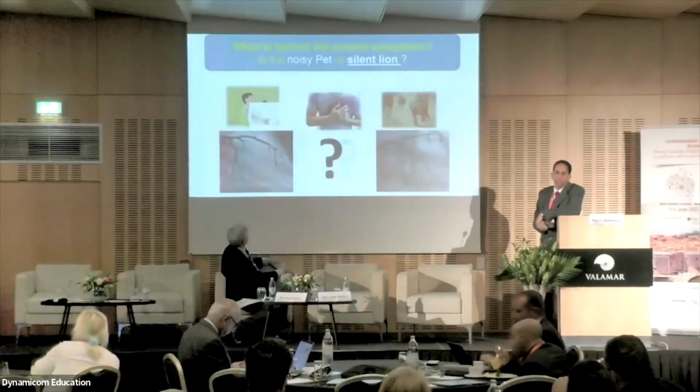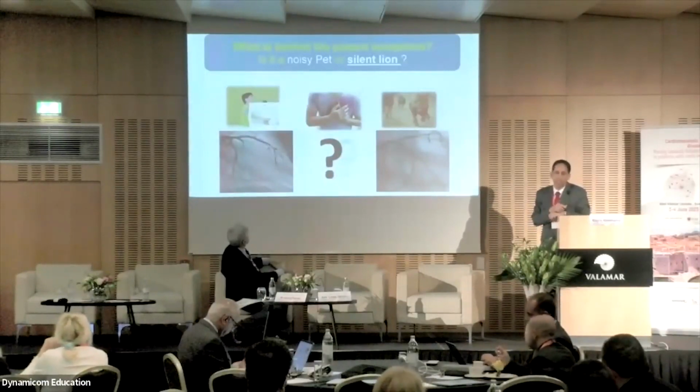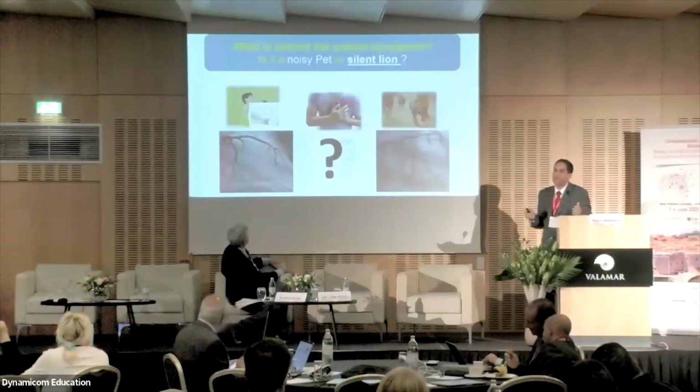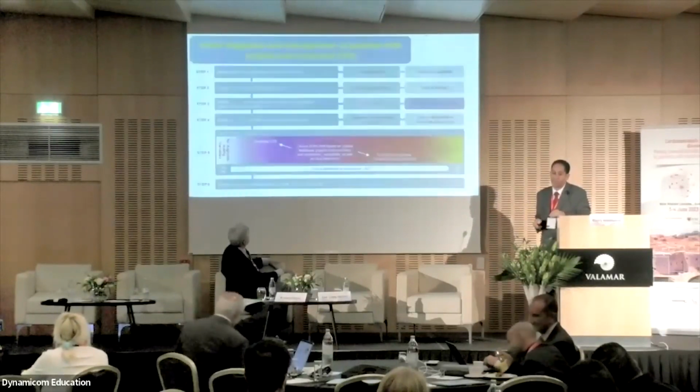So it's important to look at what's behind the symptoms of the patient. If this is something benign or it is something serious, patients having left main disease or multi-vessel disease.